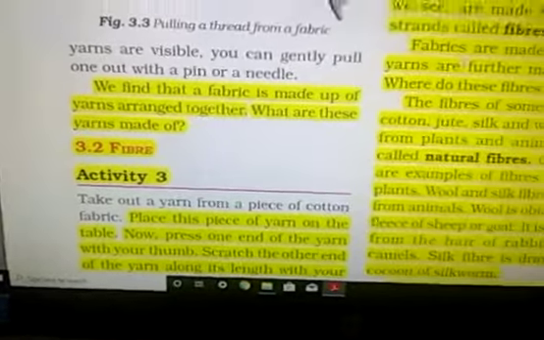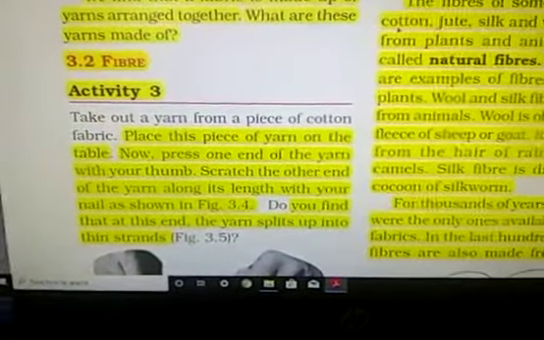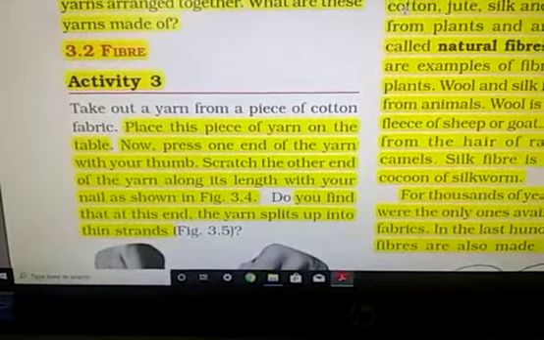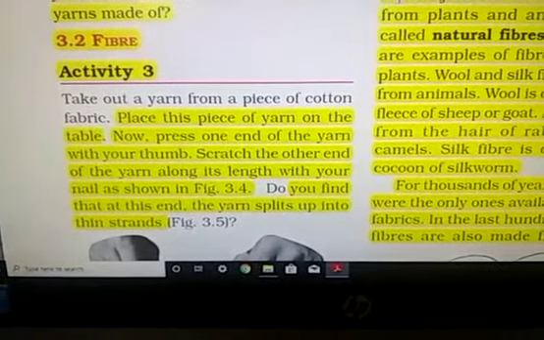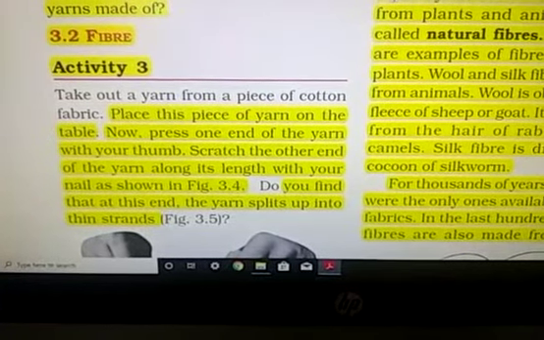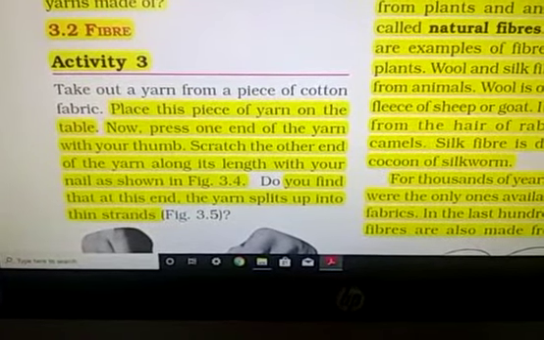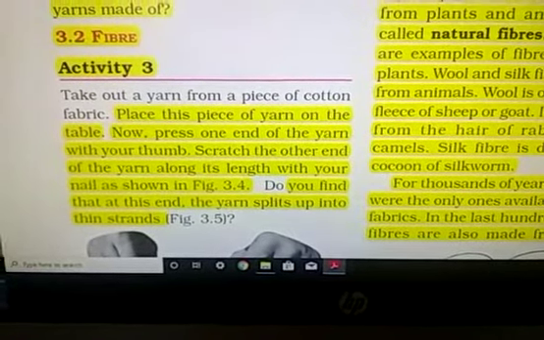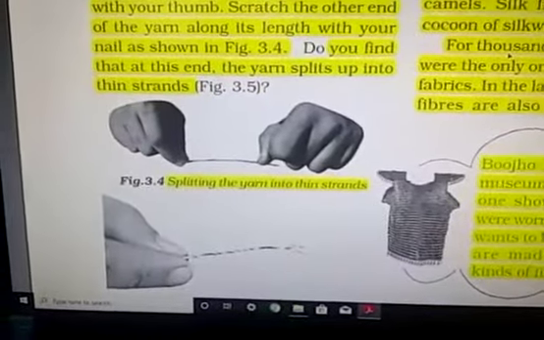Now you take the thread or yarn and with the help of your nail you scratch it. You will see that again it is made up of thin thread-like structures. The yarn is split into thin strands, and these thin strands are known as fibers, as you see in the figure.